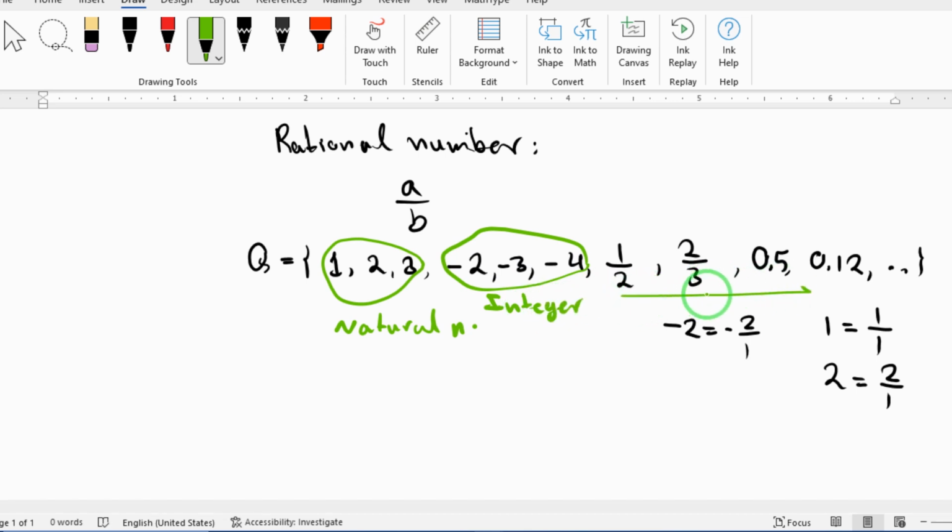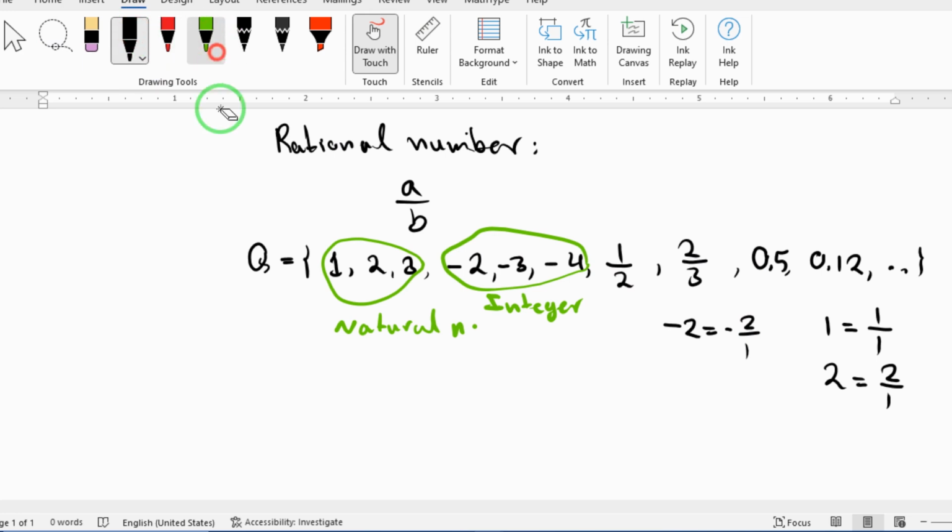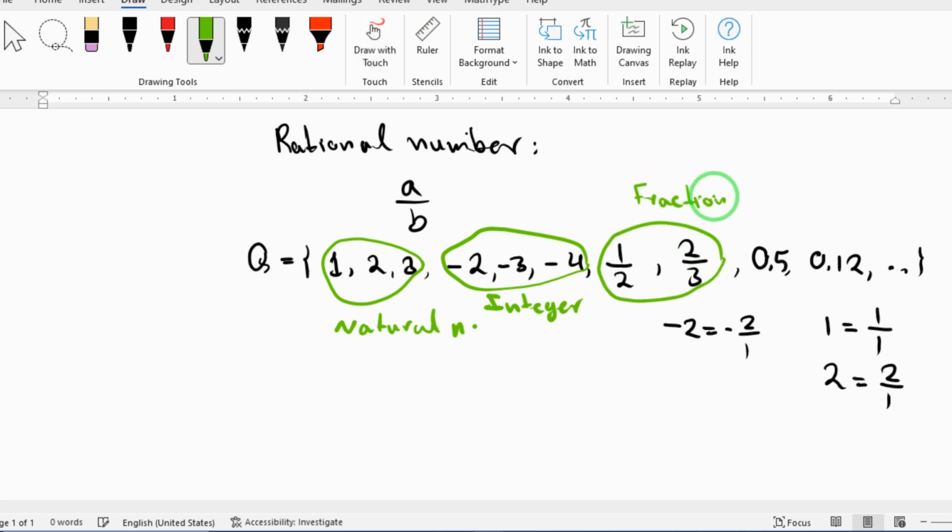These are fractional numbers, and this is a decimal number. So all these numbers are rational numbers.